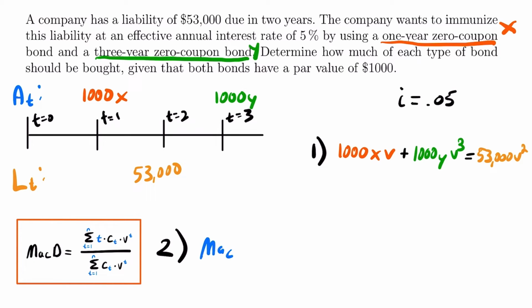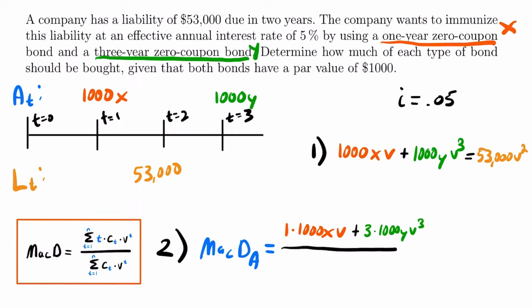So the Macaulay duration of the assets will be equal to our cash flow of $1,000 times X at time equals 1. So we'll have time 1 times 1,000 times x times the present value factor to the first power, and that will be added to the second cash flow, which is made at time equals 3. So we'll have 3 times 1,000y, and remember we want the present value of that cash flow, so we will have v cubed.